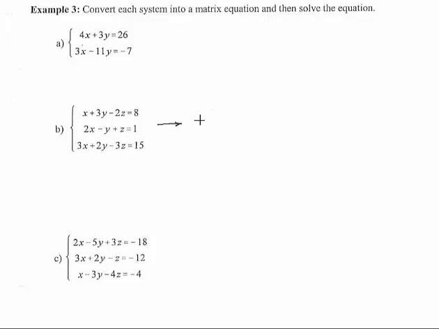Okay, so real simple. What we want to do here is we'll call our coefficient matrix C. We'll go ahead and write it out. 1, 3, negative 2, 2, negative 1, 1, and 3, 2, negative 3.